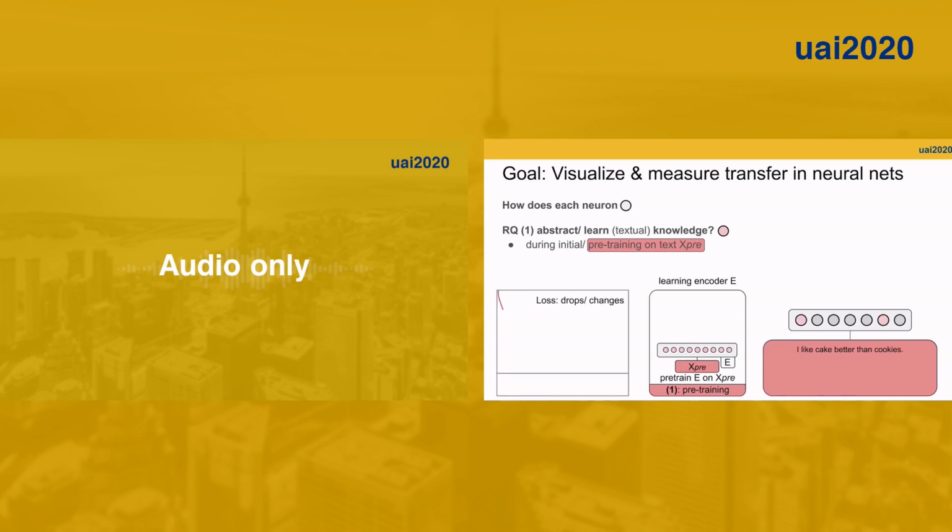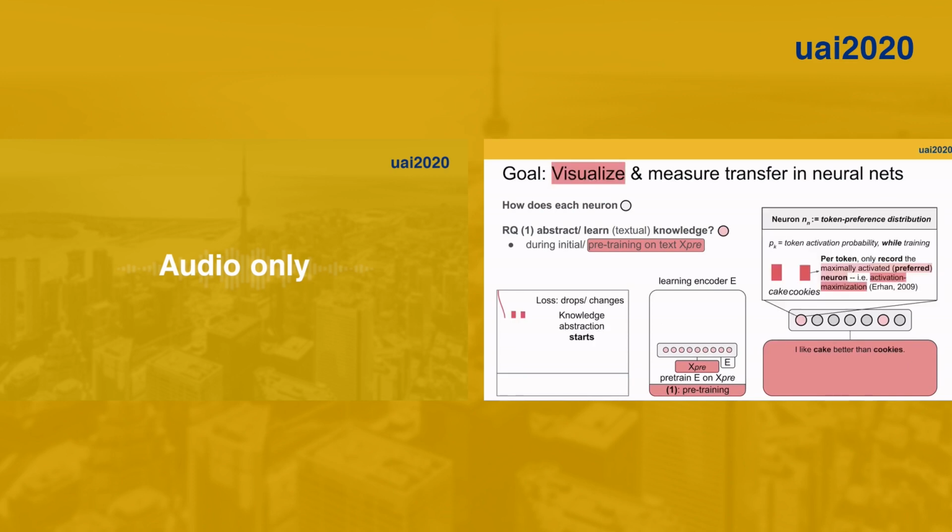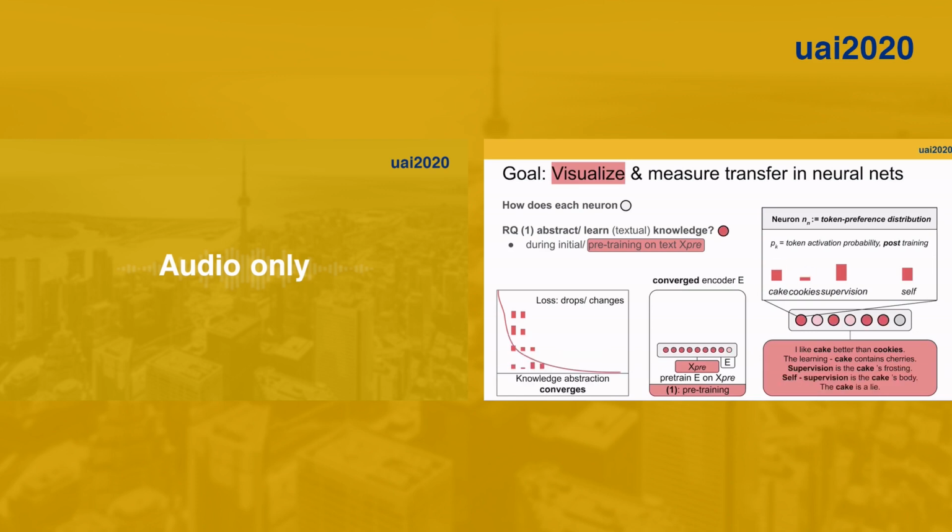The loss drops as expected, but we can also, for each token in the input, record which neuron it maximally activates. So basically for each neuron, which features it prefers. We can do these activation recordings over multiple steps, and eventually both training loss and the model representations, in the form of these token preference distributions, will converge.